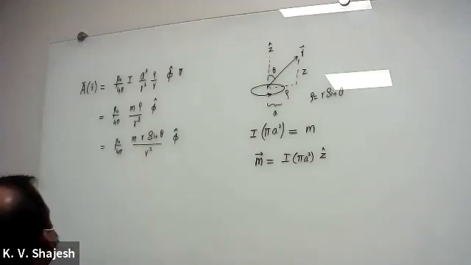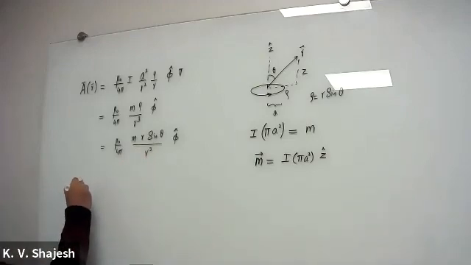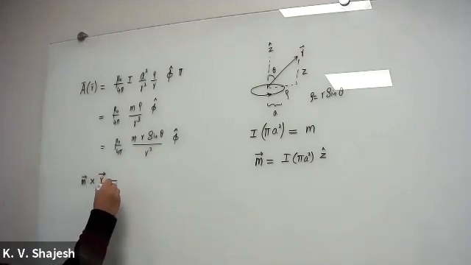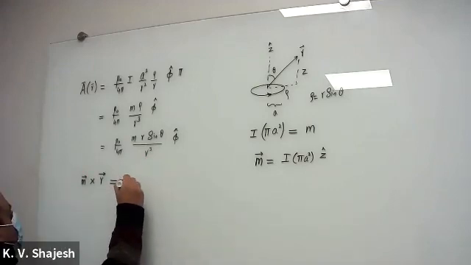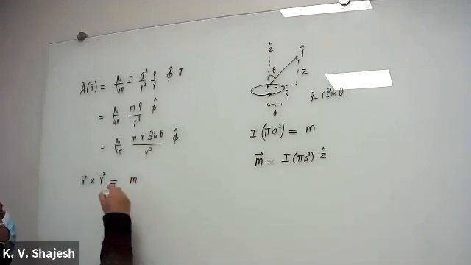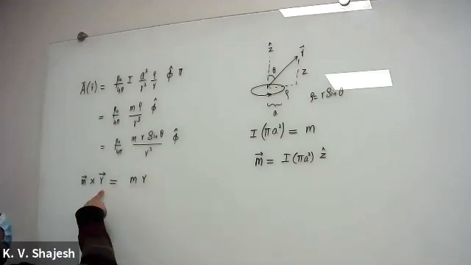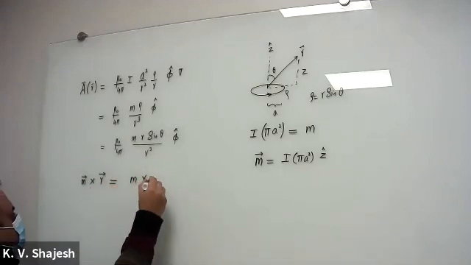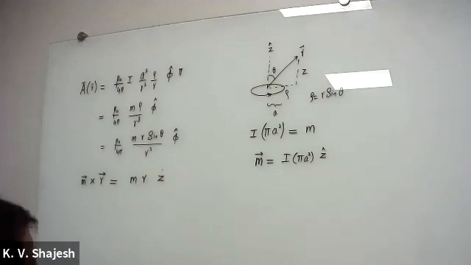So let's look at m crossed with r, vector r. The cross product of a quantity is the magnitude m times the magnitude of the second vector, and its direction is given in terms of r.